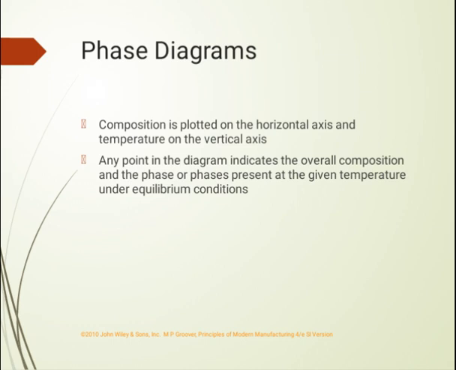In this phase diagram, composition is plotted on the horizontal axis and temperature on the vertical axis. Any point in the diagram indicates the overall composition and the phases present at the given temperature under equilibrium conditions.